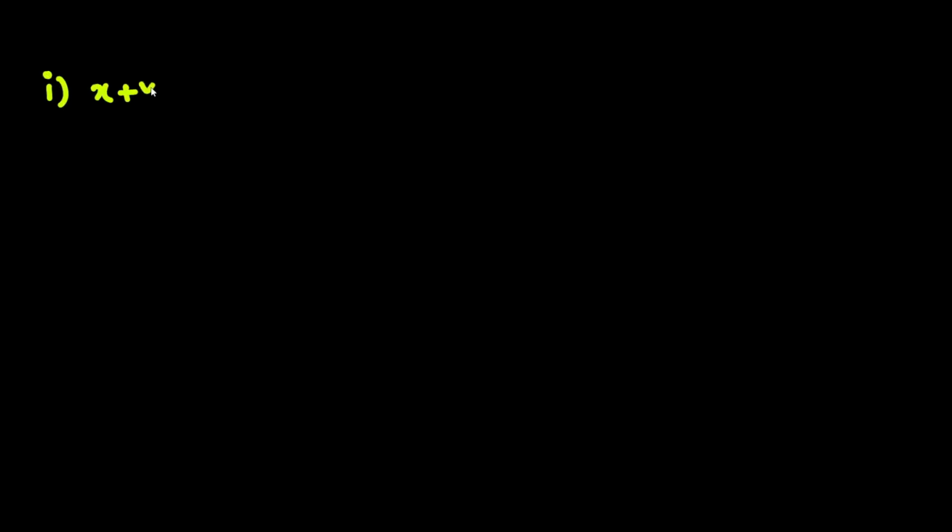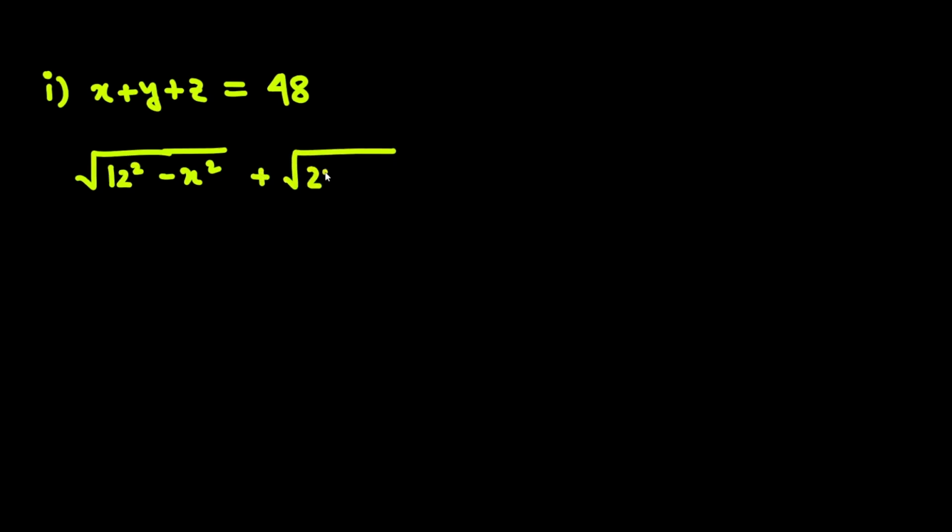Okay, let's go. So what we are given is root over 144 minus x square. Okay, 144 is 12 square. Let's write it like that. Then we had 20 square minus y square plus, then we had 784.